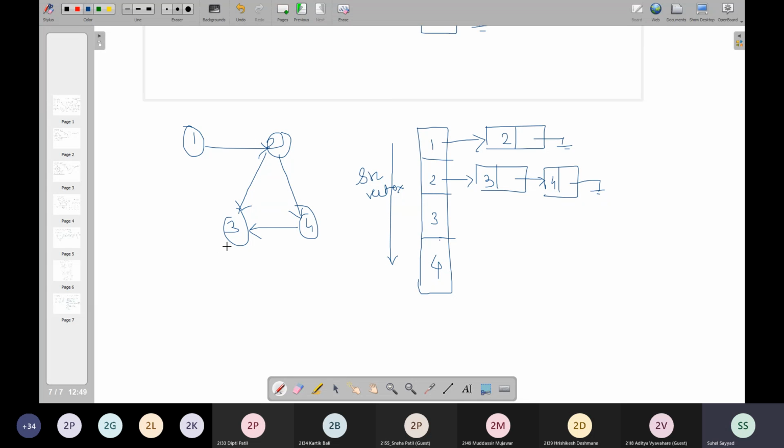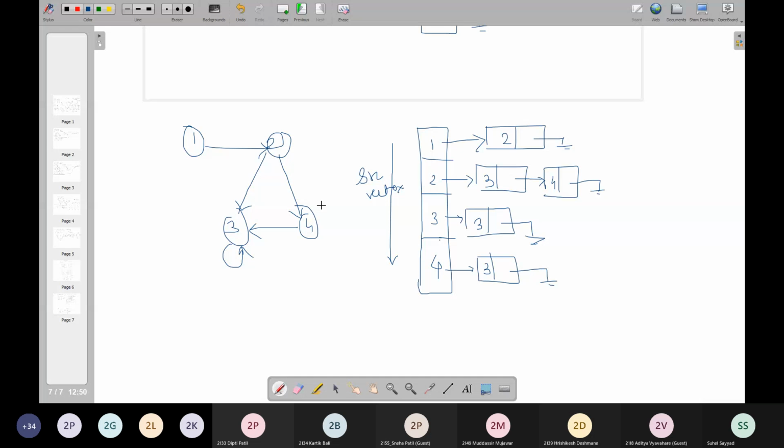Is it clear? Suppose I am having a loop also. I am constructing a loop. Okay. So for 3, what will happen now? Only 3 will be there. Such kind of entry will also be there. Correct? And for 4 now, 4 is a source for 4, 3.